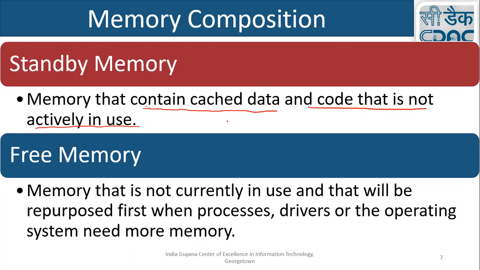Suppose you open a browser, Chrome, and just leave that browser, and you are not doing anything with it. Suppose you open the Chrome browser and put it idle, and you are doing some other thing. The memory allocated to the Chrome browser goes as standby memory.